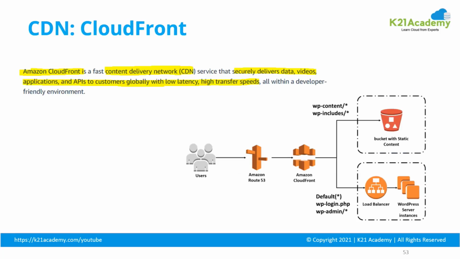And then you can also have CloudFront, which is nothing but a content delivery network. So what happens is that typically, if my website is hosted in the US, and I'm accessing this website from the US compared to another person accessing this website from Asia, because the person in the US is closer to the website hosting, typically the speed or the response time is going to be quicker.